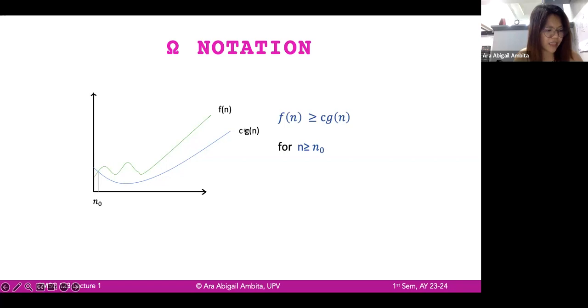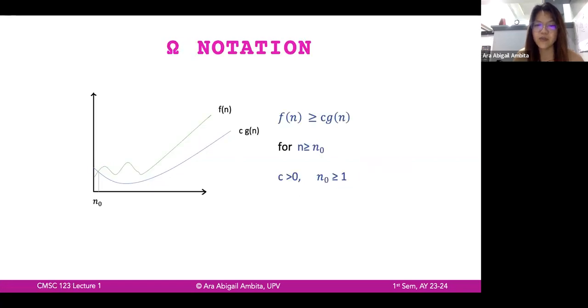Okay, so we can then say that this function f of n is containing this function cg of n.